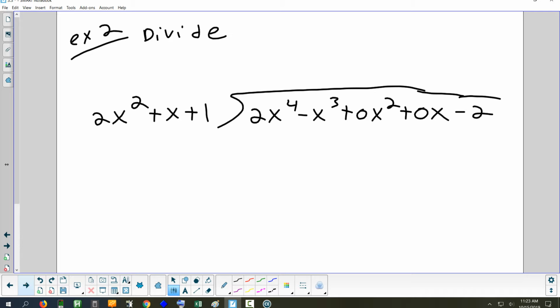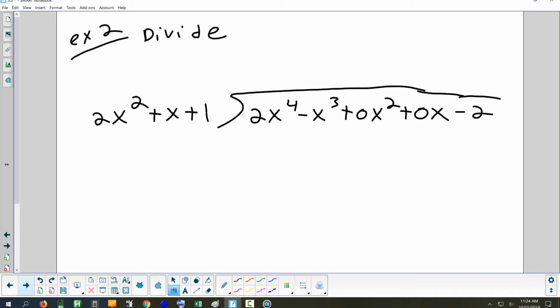So the highest is a degree 4. So you've got to have the 3, the 2, the 1, and the constant. All of them. Can't be missing any of them. So we've got the 4, the 3, and the 2 and the 1 have been filled in for us. Okay, so Chris, what's going to be the first thing that I divide into the first thing? Like what divided into what?